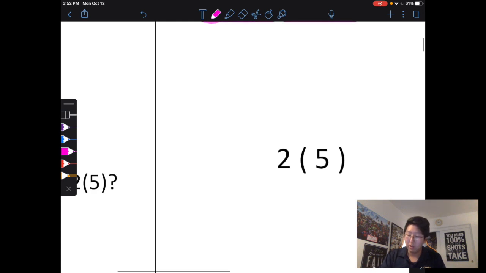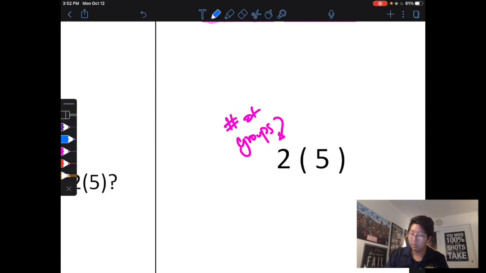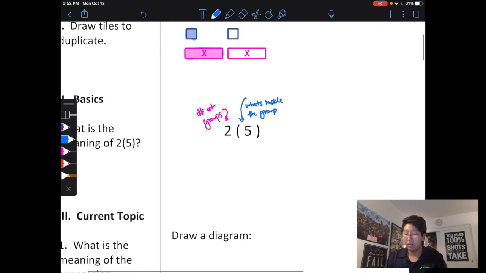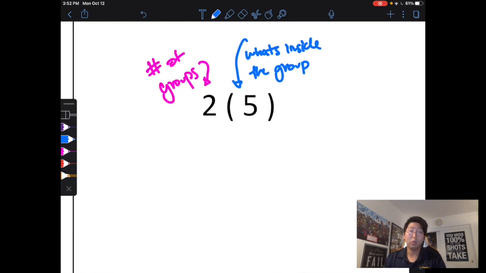So this is a number of groups, the 2 right here. And what's inside the groups? It's going to be inside the parentheses. So right here, 2 times 5 is 2 groups of 5, and we could think of it as 2 groups of, inside there, 5.